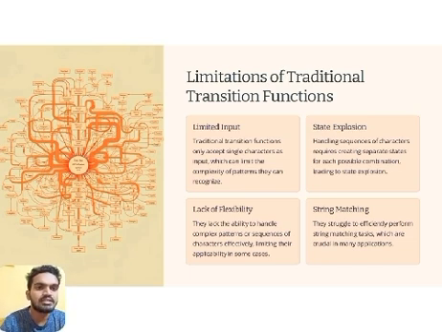They lack the ability to handle complex patterns or sequences of characters effectively, limiting their applicability in some cases. String matching. They struggle to efficiently perform string matching tasks, which are crucial in many applications.